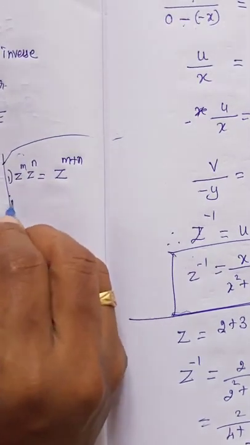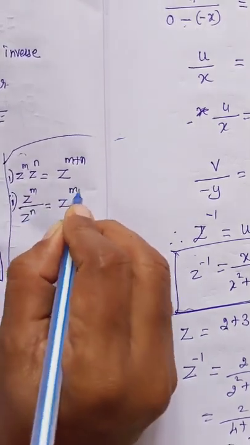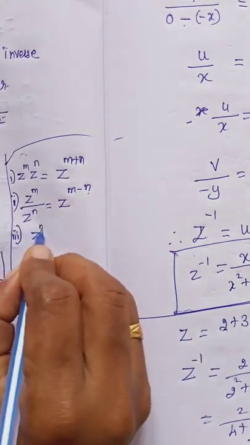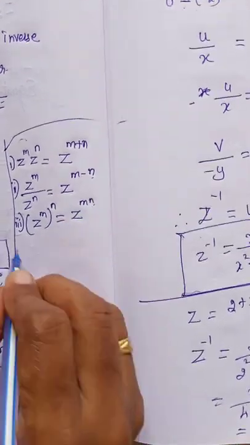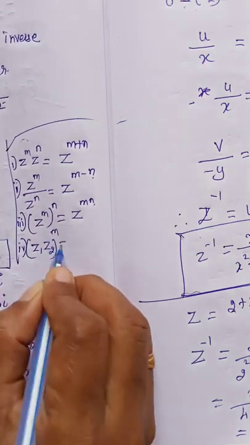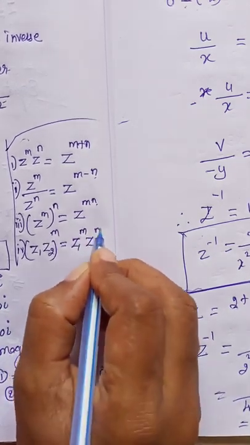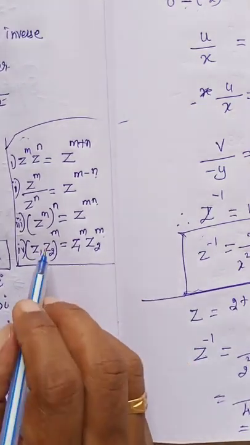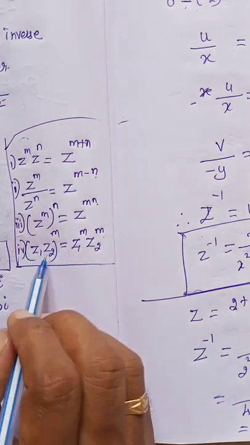And second, z power m by z power n can be written as z power m minus n, like our ordinary algebra. z power m, the whole power n, can be written as z power m into n. Again, z1 into z2, the whole power m, is equal to z1 power m into z2 power m. This is our ordinary algebraic indices. The same thing, complex numbers also obey the law of indices.